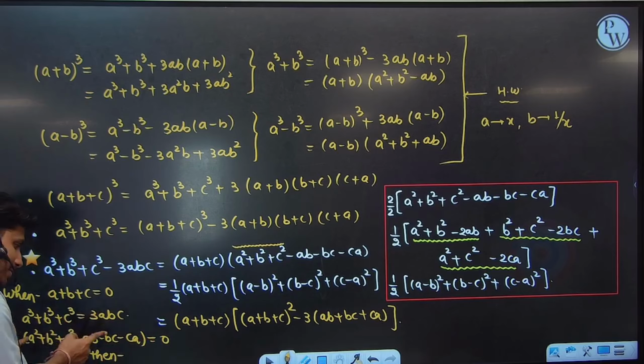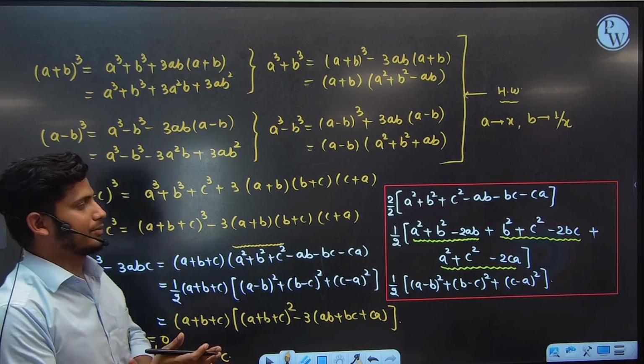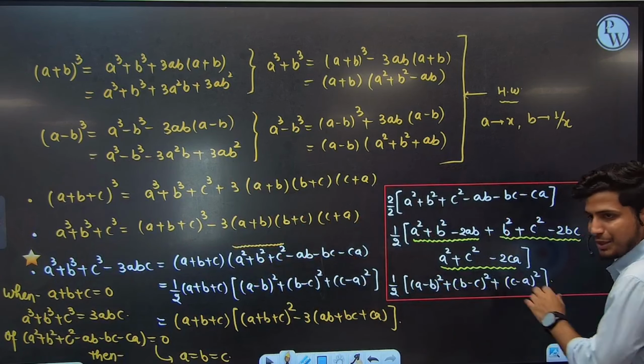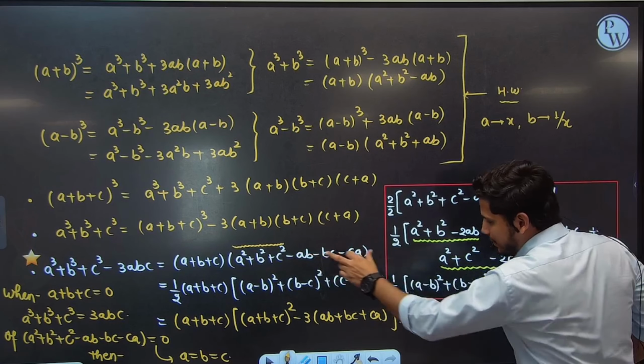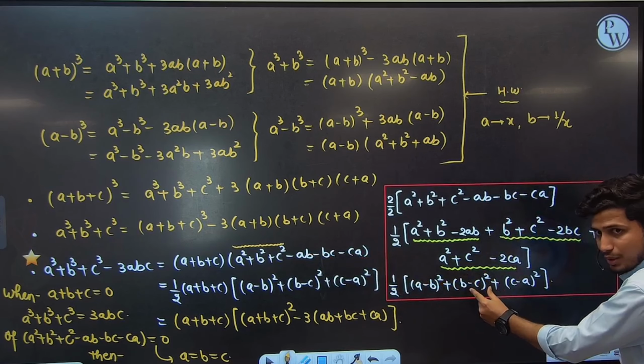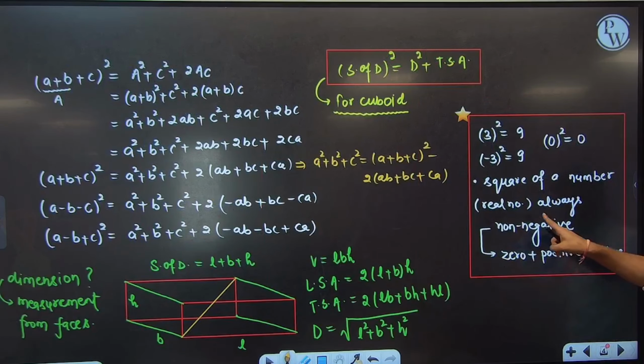But for this to become 0, a is equal to b is equal to c, because look at this part. This is nothing but this expression. Now this is a square, this is also a square, this is also a square, and a square cannot be negative. The square of a number is non-negative.